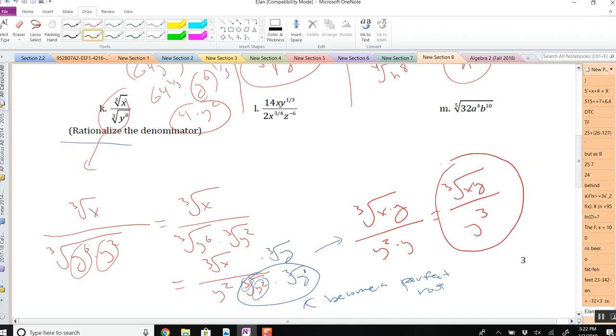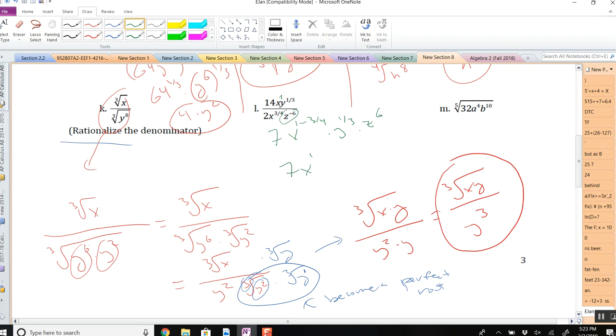If I look at L, 14 over 2 is 7. If I subtract these exponents, I get x to the 1 over x to the 3/4, y to the 1/3, and the z to the negative 6 can actually come to the top and be z to the 6.